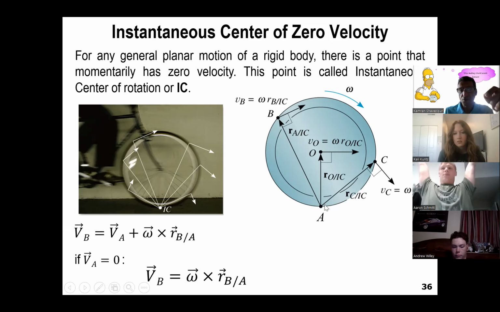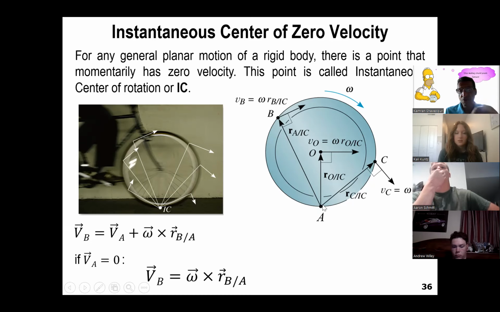So if you find a point with zero velocity, you may consider that at this particular moment the entire rigid body is rotating about this point. If you want to find the velocity of any point, take R of that point with respect to this point times omega. Like the velocity of O is R_O times omega, and the velocity of B is R_B with respect to IC times omega.